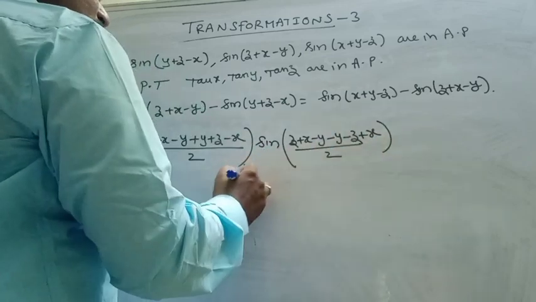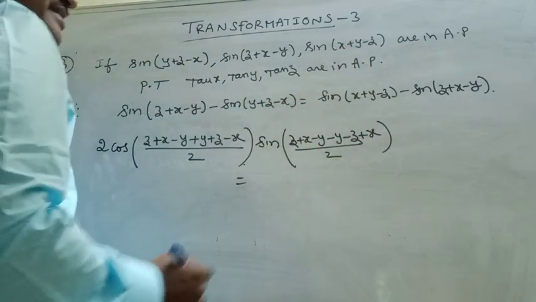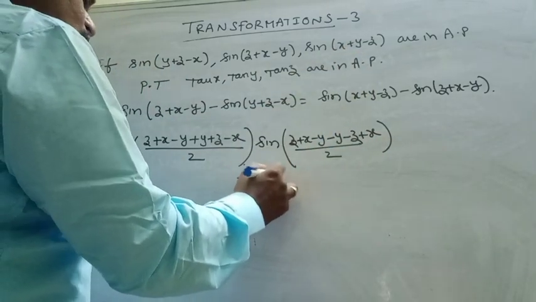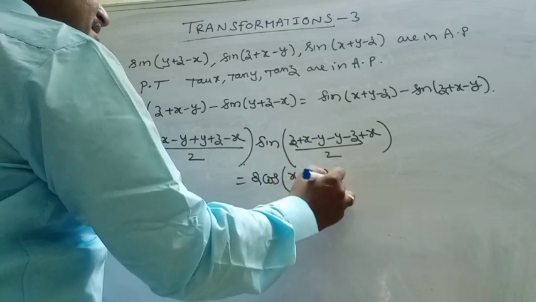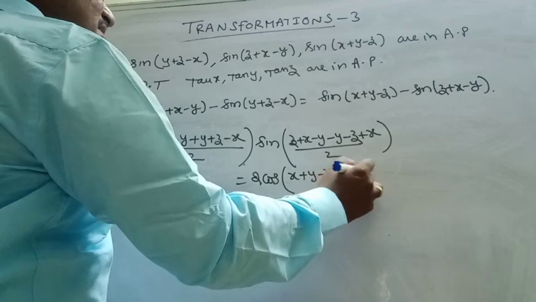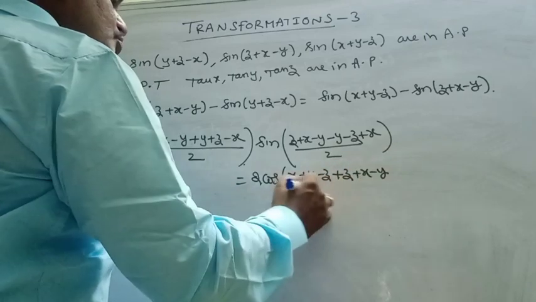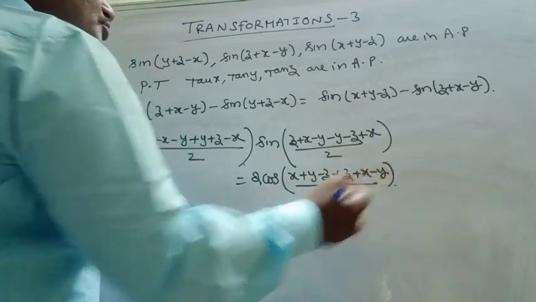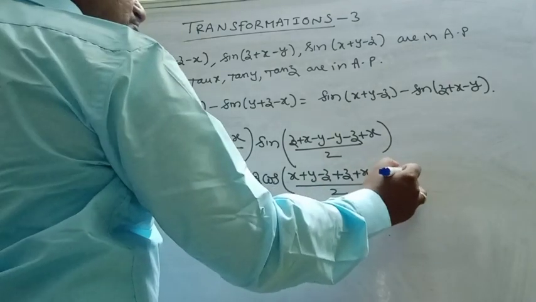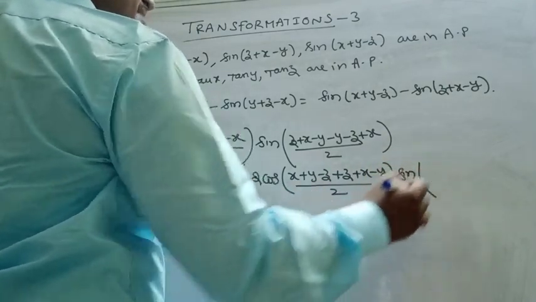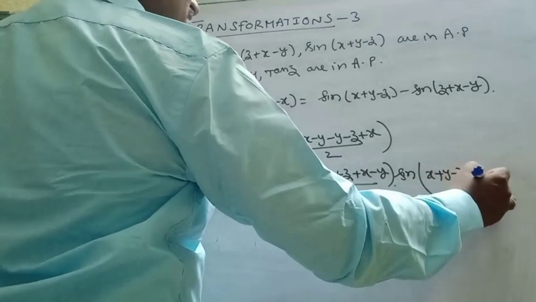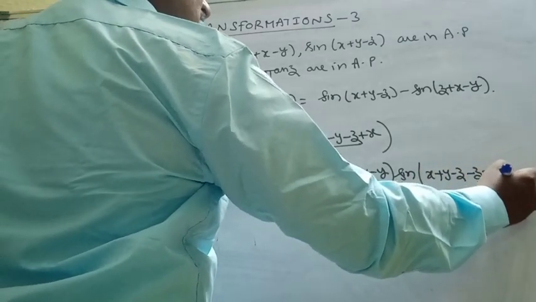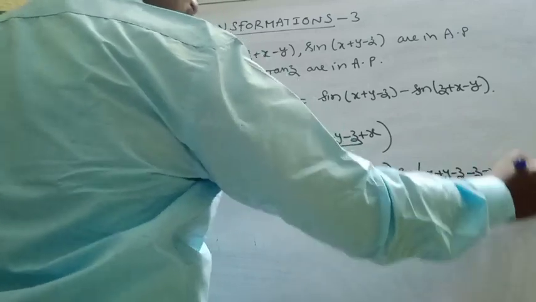This is equal to, on the other side, sin C minus sin D, that is 2 cos of [(x plus y minus z) plus (z plus x minus y)] by 2, into sin of [(x plus y minus z) minus (z plus x minus y)] by 2.